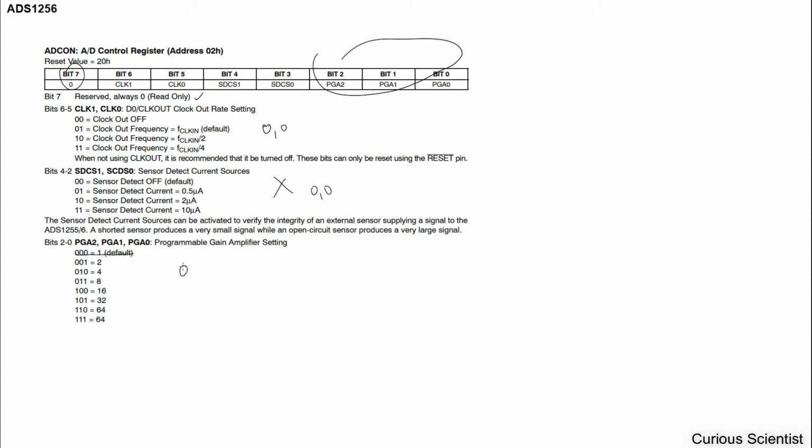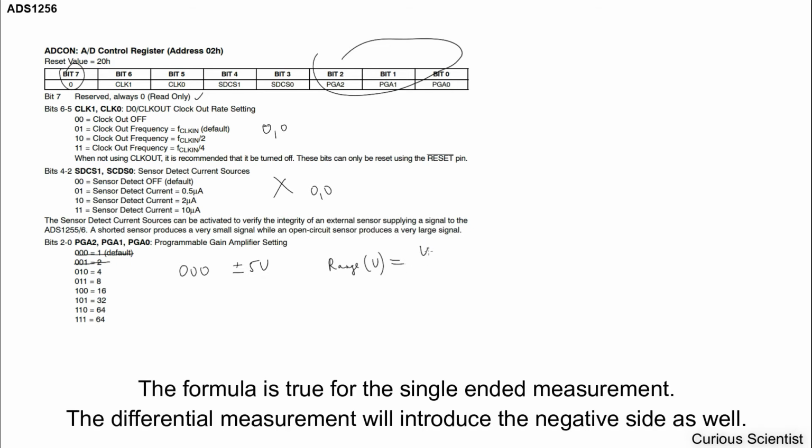If you keep it 0, 0, 0, then the input voltage can be plus minus 5 volt, if your reference voltage is 5 volt. So basically the PGA is always defining your range. The range, in volts, is the Vref divided by the PGA in principle.